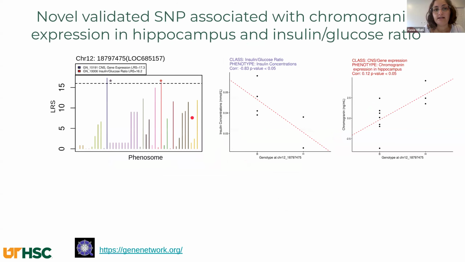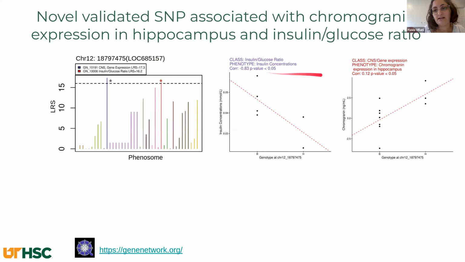And this is instead another novel variant that is related with two different phenotypes, insulin glucose ratio and chromogranin expression in hippocampus.